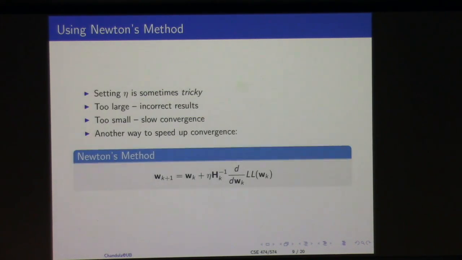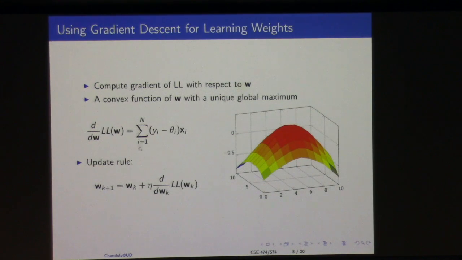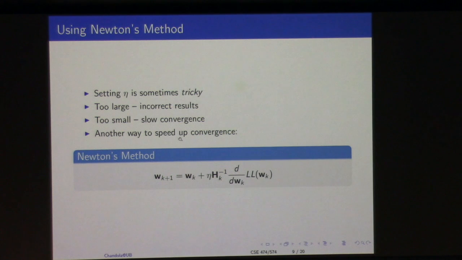Now, one thing I also started talking about, which is orthogonal to this discussion, is that sometimes setting this eta is tricky, right? Eta is the learning rate, so that tells you how much you jump at every iteration. And instead of that, there are other ways to do this, right? This is more a discussion on mathematical optimization, but I thought I'll just talk about it here.